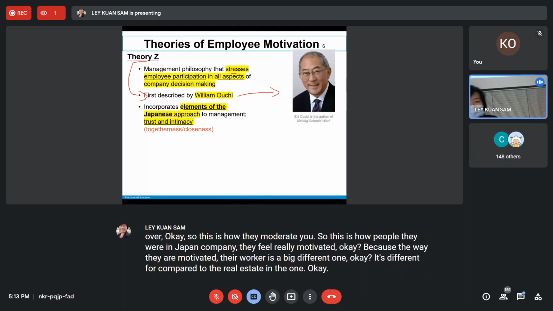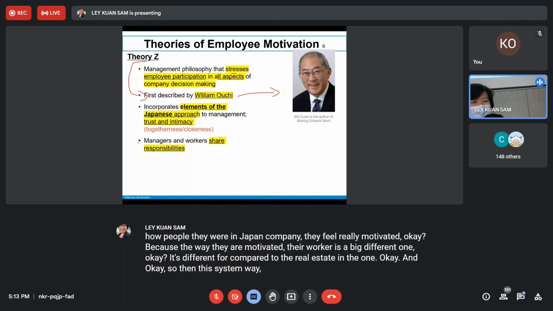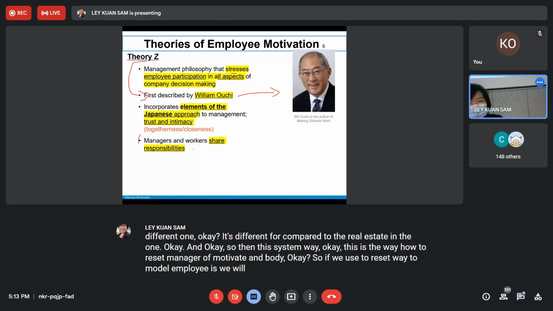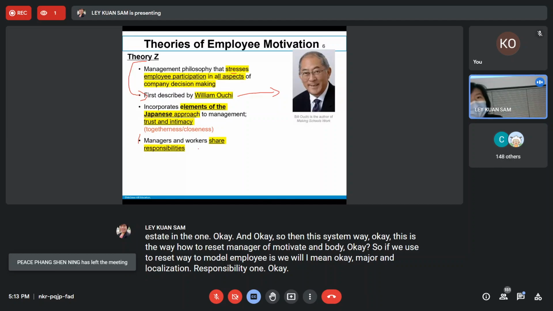Okay, this is the way how Theory Z manager motivate employee. If we use Theory Z way to motivate employee, manager and worker they will share responsibility. Okay, meaning we will treat our worker like our family member.